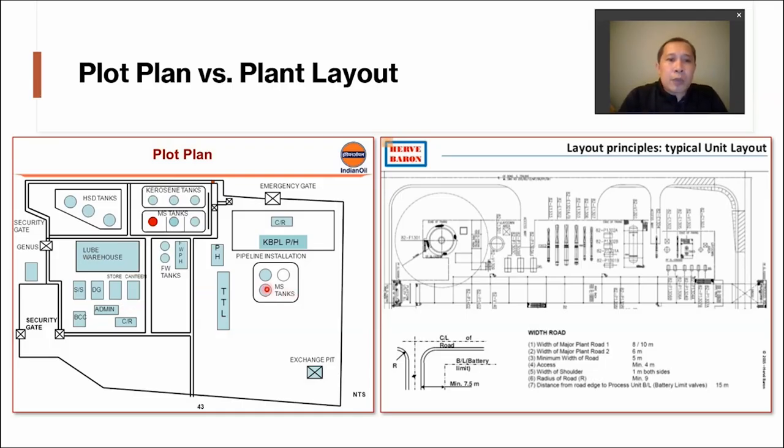You can also see where the fuel tanks are located for the plant. The gate. So this would be the layout of the gate of the plant, right? However, a plant layout will give you a more detailed view of where the individual equipment is placed. These small boxes represent process equipment, drawn to scale, and this would be the pipe rack. This is the main highway, so to speak, for the piping to go through.